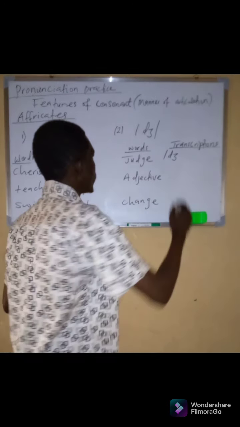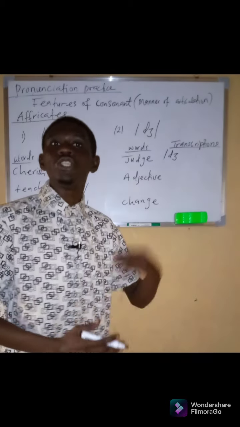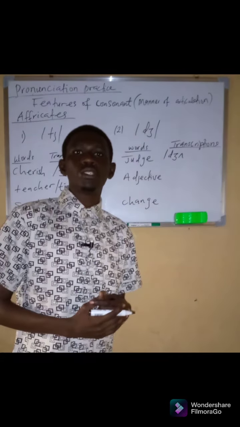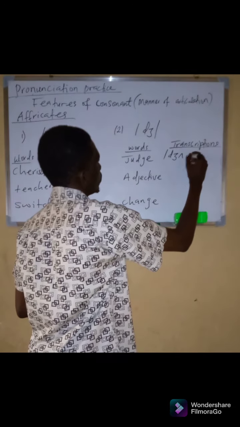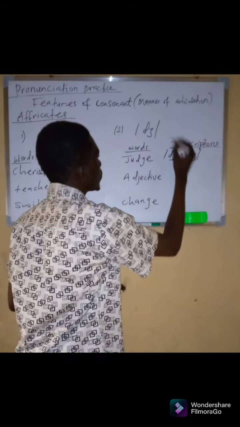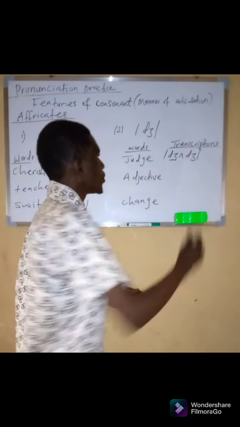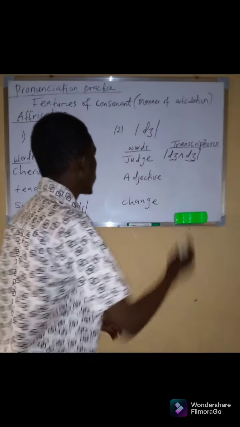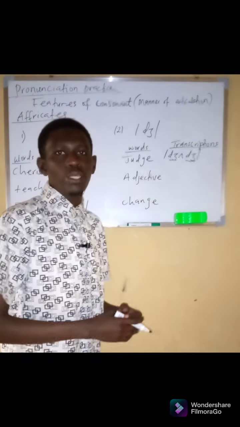Then ja, the short uh sound. Judge. And the j sound again. So here we have the sound at the initial and at the same time at the final position of the word judge.